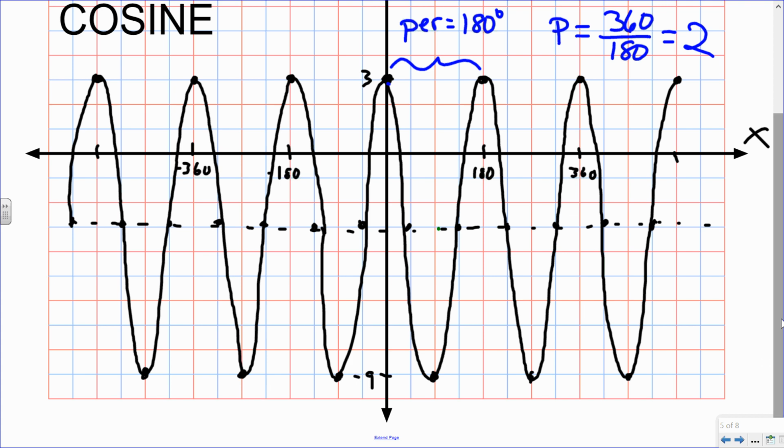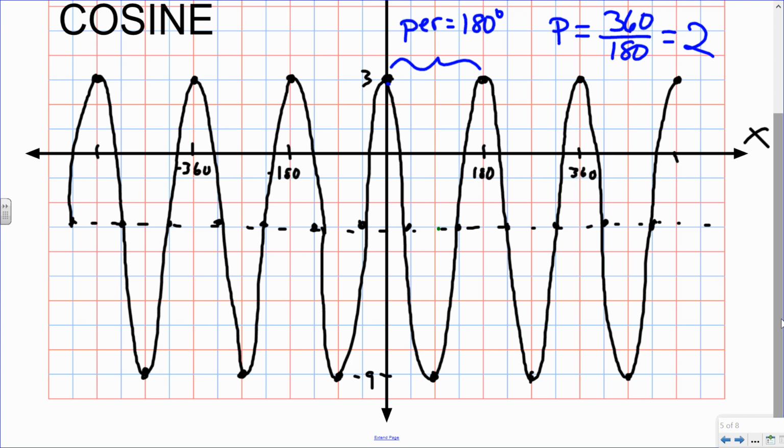Okay, then can you figure out the center line for me? It isn't labeled. Who can figure out what the center line needs to be for this one? The min's negative 9 and the max is 3. Okay?